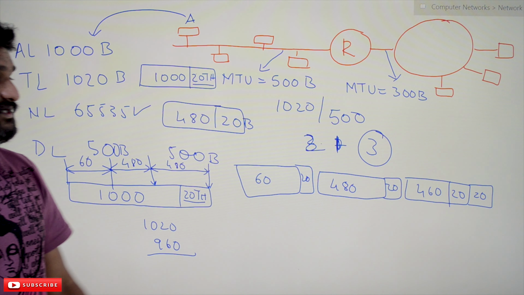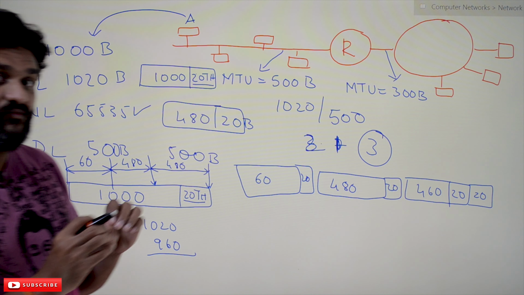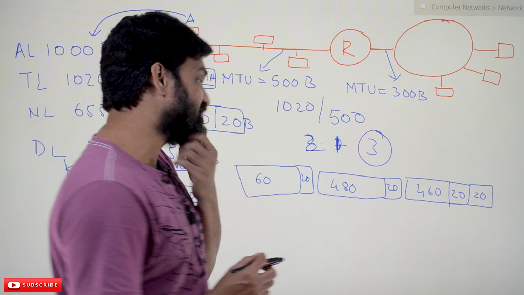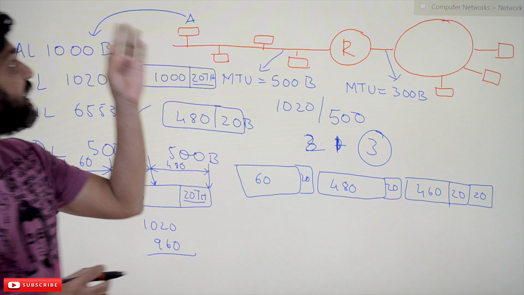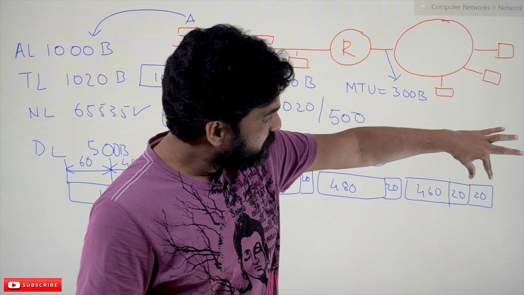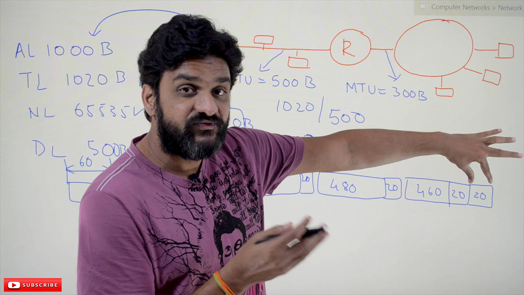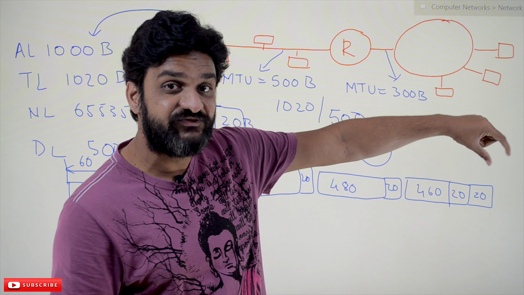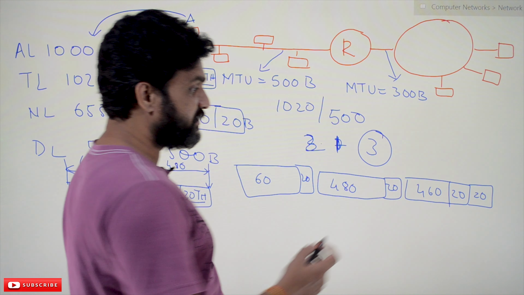Now these 3 pieces, what is this? The identification. The second row of the network layer fields will get filled with it. That is very important to understand.